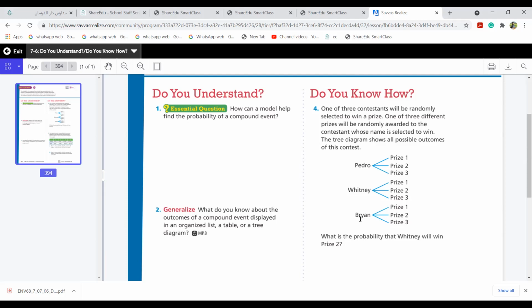When I say outcomes, that means you must count all of these. Three outcomes from Pedro, 3 from Whitney, and 3 from Brian. That means total how many are there? 3 plus 3 plus 3, 9. This is your denominator.